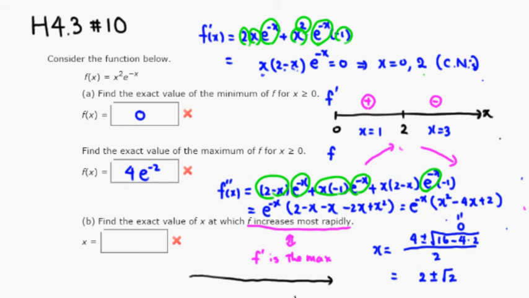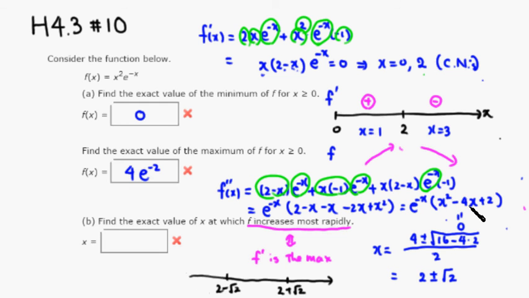We have 2 minus square root of 2, and here 2 plus square root of 2. Try anything smaller than 2 minus square root of 2, like x equals 0.